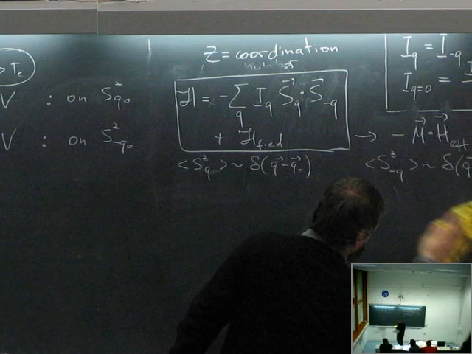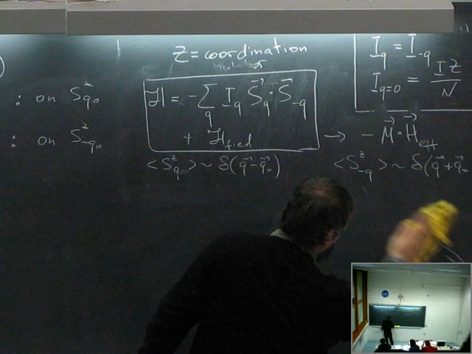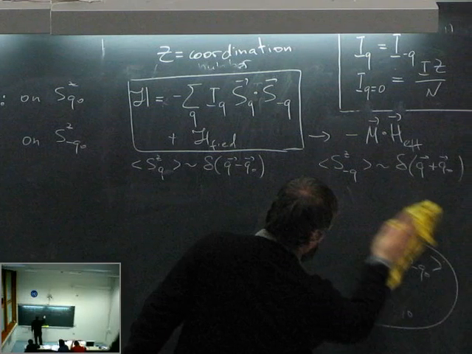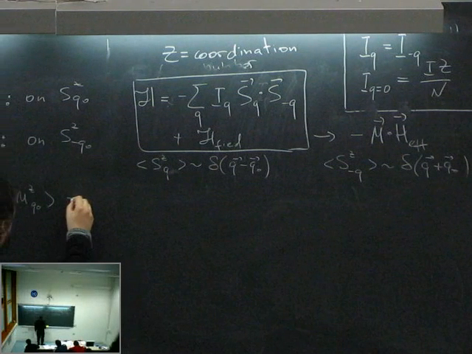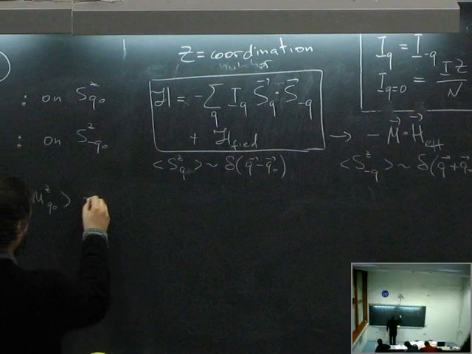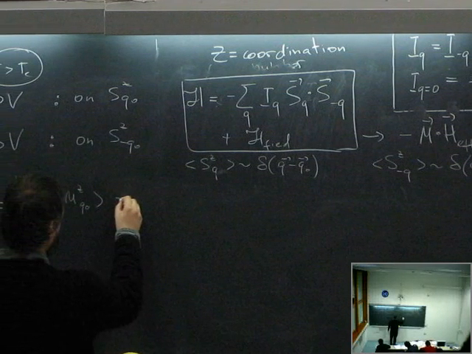Okay. Let's now do the calculations. So our m^z_{Q0} is equal to chi_0 times h effective.